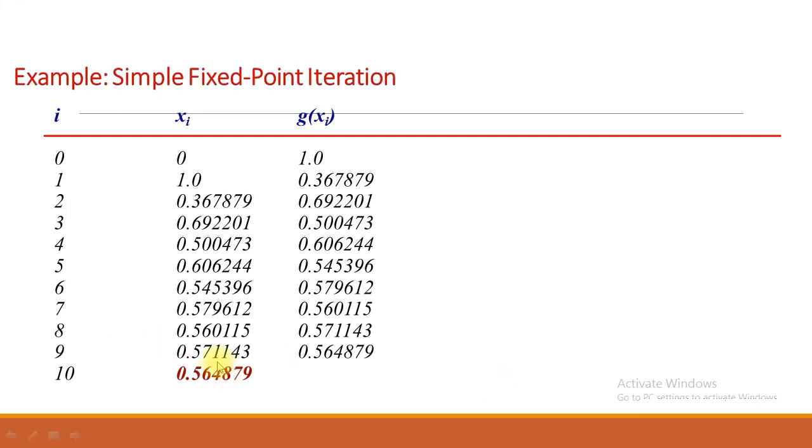And dear students, you see here 0.56, again 0.57, and again 0.56, so the roots alternately repeat for two decimal places. So 0.64879 is the approximate fixed point for the g function, and this is the approximate root of the given nonlinear equation.